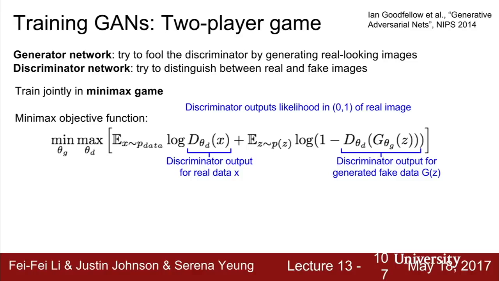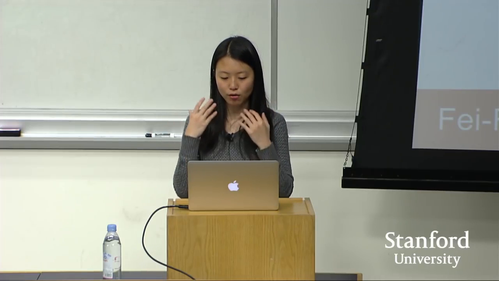And then the second term is the expectation of z drawn from P of z, where z drawn from P of z means samples for our generator network. The term D of G of z is the output of our discriminator for generated fake data. What does the discriminator output for G of z, which is our fake data?